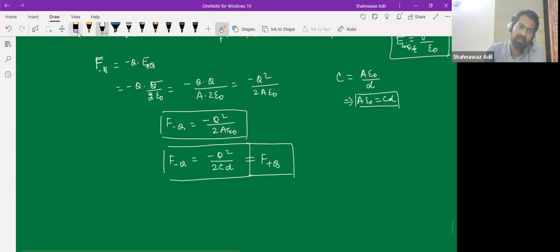So the magnitude would be the same. F plus q magnitude would be the same as F minus q, and the direction would be opposite.